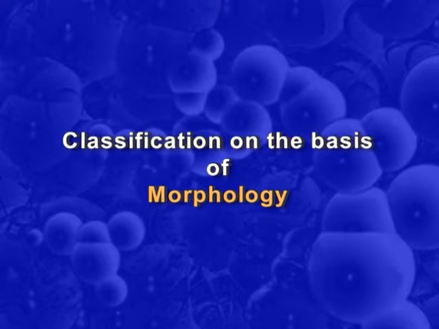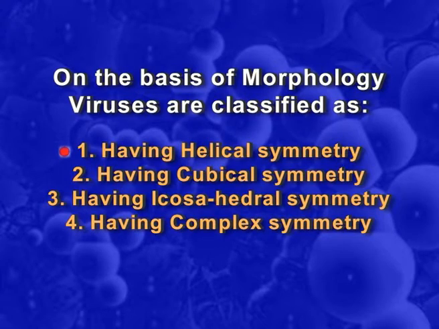So, the third methodology for classification that was opted was classification on the basis of the morphology. On the basis of the morphology, we have seen that they are classified as having helical symmetry or cubical symmetry or icosahedral symmetry, or they were called complex symmetry bearing viruses.